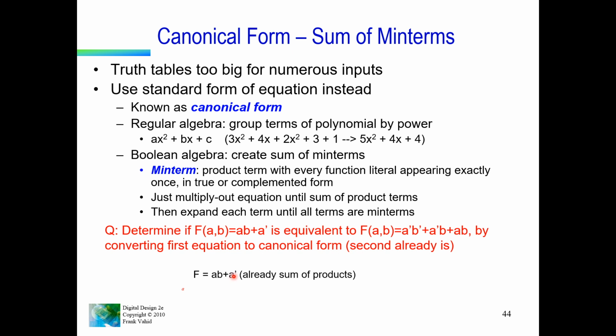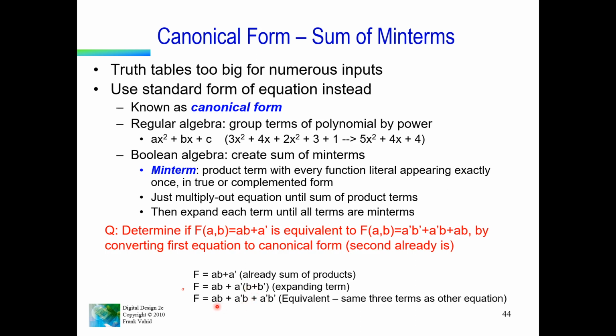So instead of a prime, we can write a prime and b or b prime, because we know that b or b prime becomes 1, and if I AND a literal with 1, the literal comes out. So we can write a prime as a prime and b or b prime. So when we use the distributive property, it becomes ab or a prime b or a prime b prime.